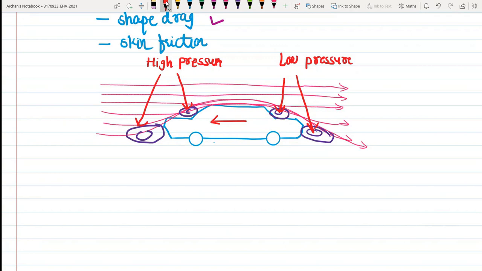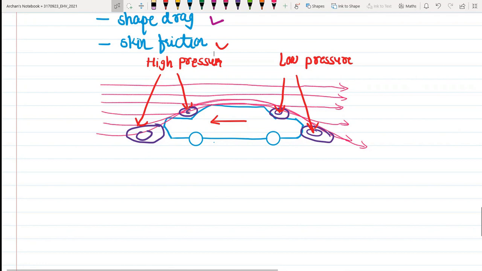Now another one is the skin friction. So what do we mean by skin friction? Air that is close to the skin of the vehicle moves almost at the speed of the vehicle, while air far from the vehicle remains still. You can see this from this particular case.